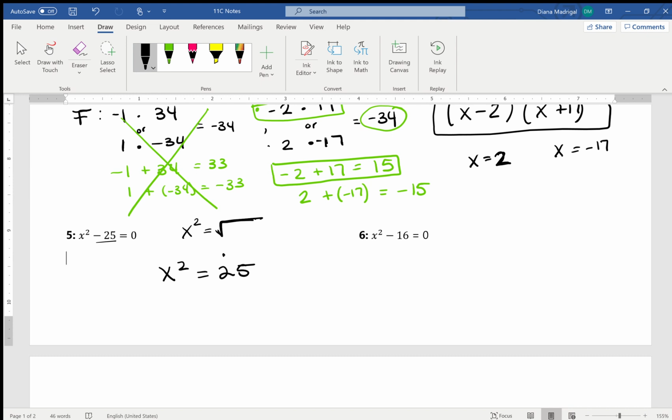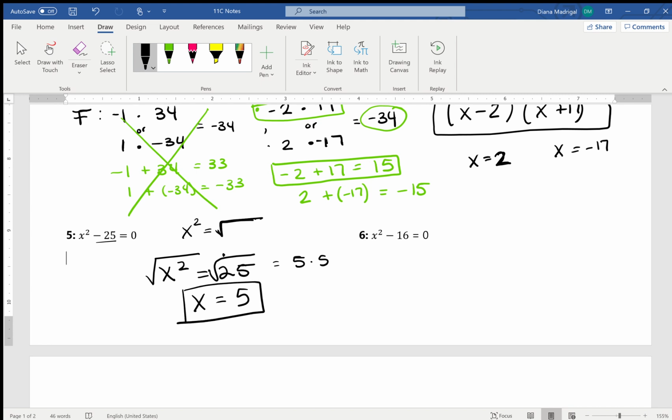And when you do that, you do the opposite. So I'm going to add 25. That's how I got positive 25 on the other side. To get rid of the square, I'm going to do the square root. And again, what does the square root tell you? What number am I going to multiply by itself twice to get 25? Don't forget that the square root of 25 is 5 times 5. So my answer for this is 5.